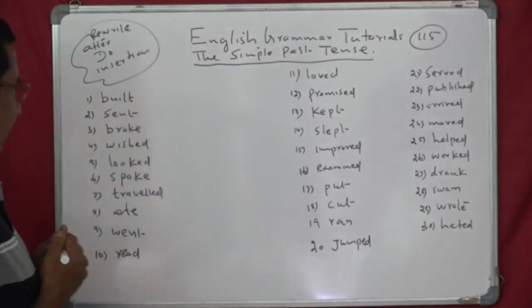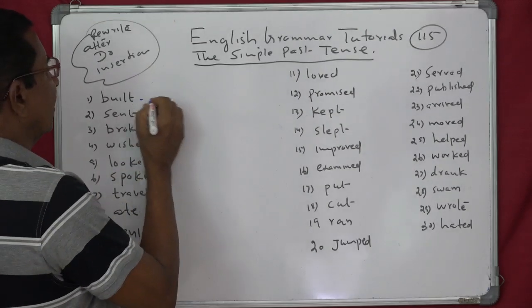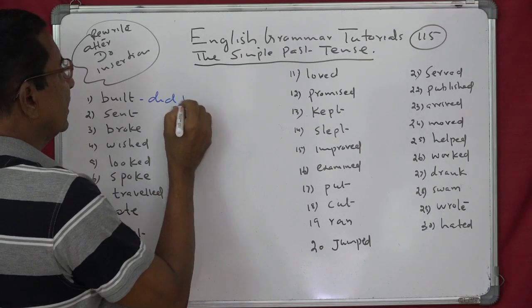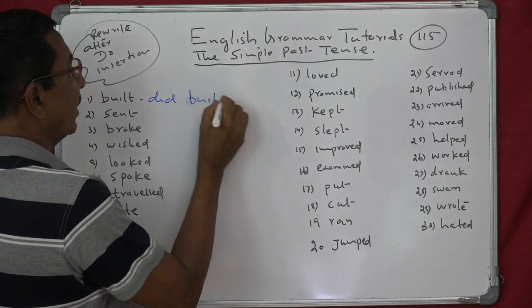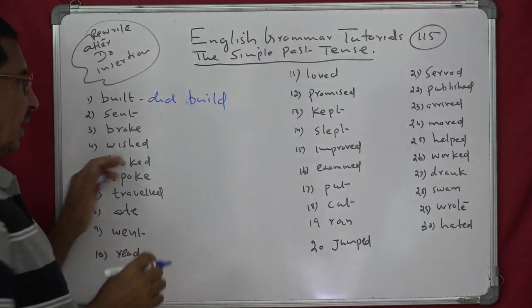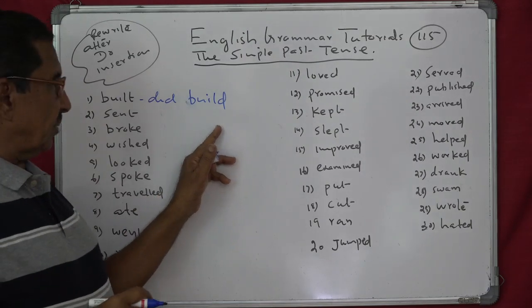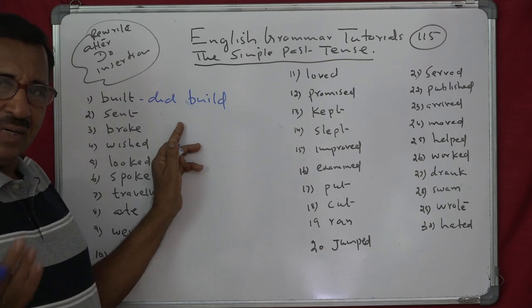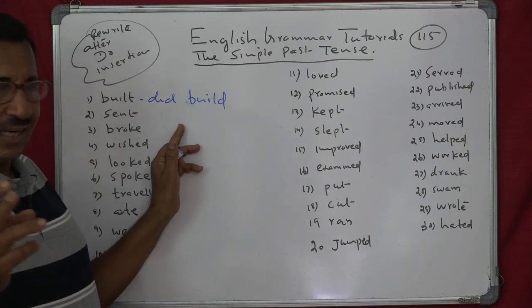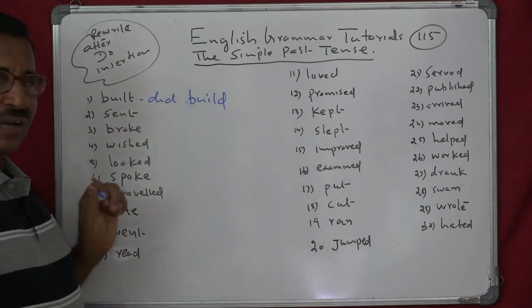Built becomes did build. Why? Because the past tense has been attached to do, and that do now has become did. Is that clear? The same is with every one of these.